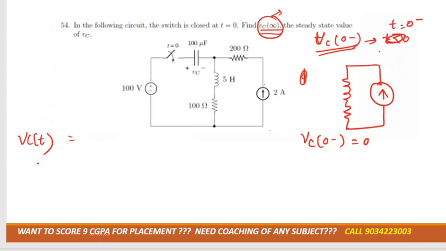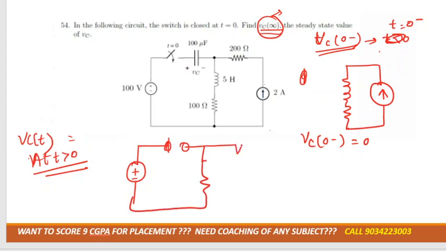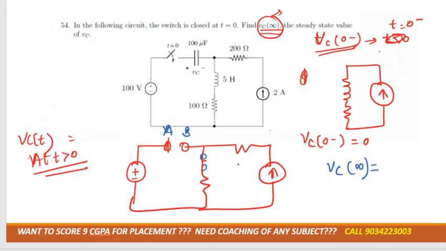Now after this we need to calculate VC at t greater than 0. Capacitor will behave as an open circuit. Inductor will behave as a short circuit. And here at points A and B we need to calculate VC of infinity. Now tell me, how can we get VC of infinity, or we can say V of AB?